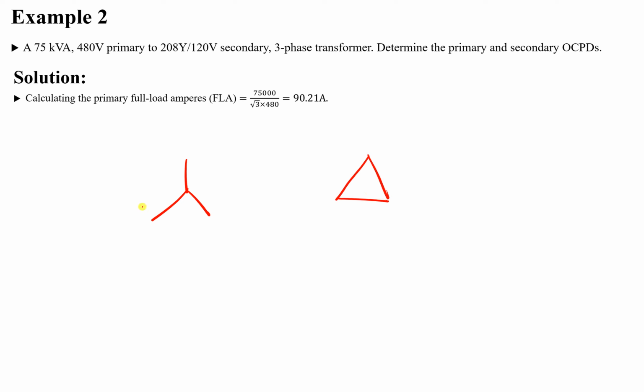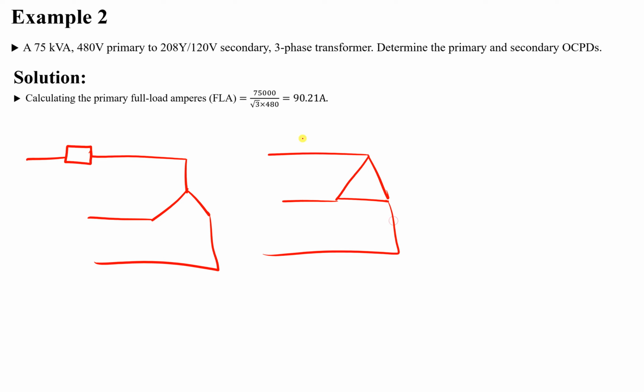Let me explain why. We install the overcurrent protection devices here, like this. And for this delta, like this, we install it right here too. Now let's look at here. What we need is the full load ampere going through the circuit breaker here, right?